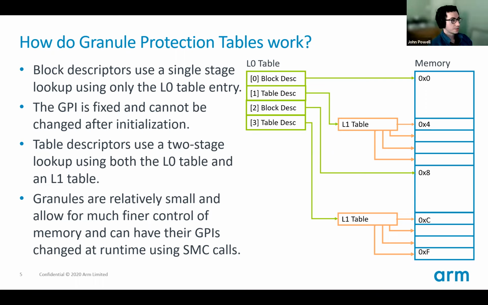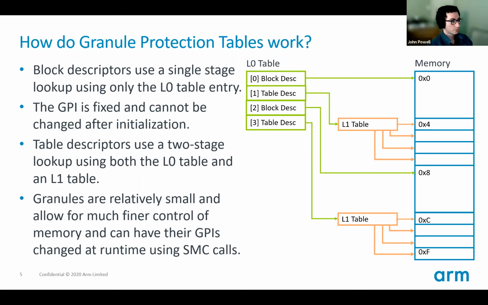That's kind of a typo on the slide that you pointed out. The GPI is only fixed for block descriptors. For table descriptors, you can change the GPIs at runtime. Well, so is the GPI changing the type for the next level table, or is it changing it for the memory pointed to by the next level table? It's changing the memory pointed to.